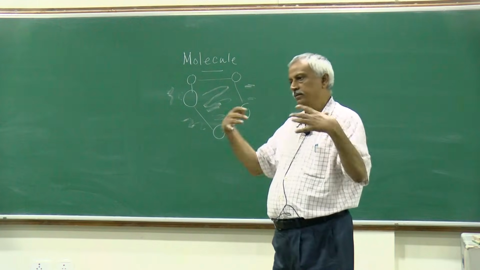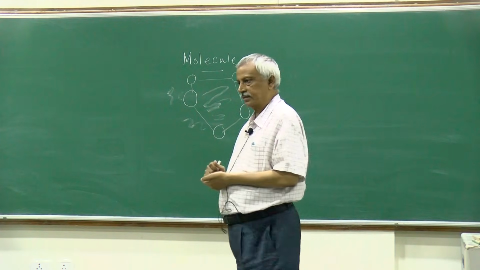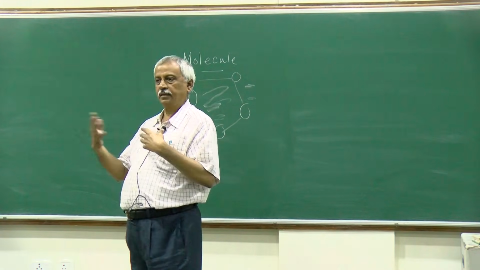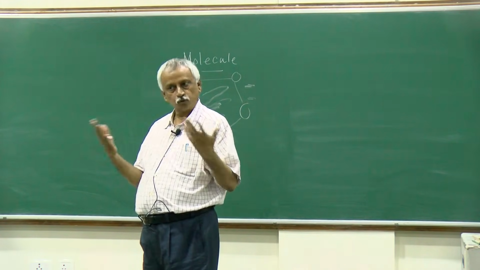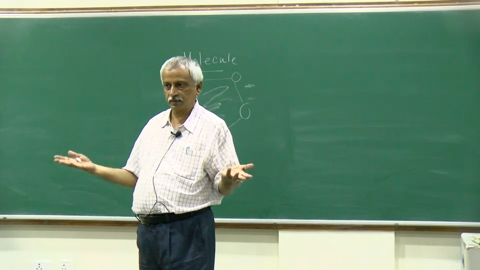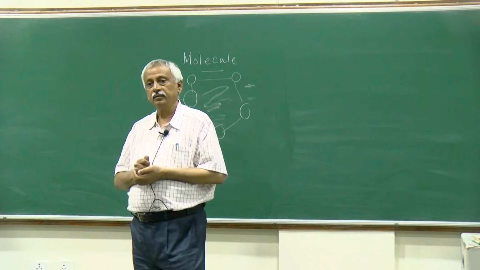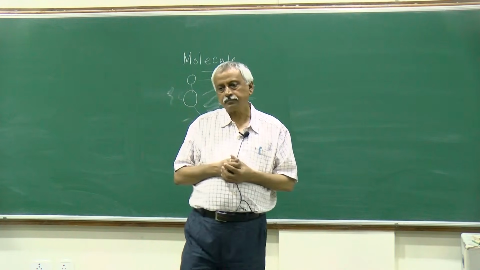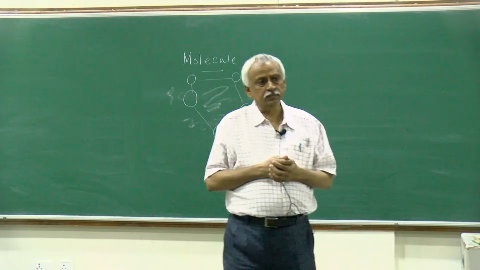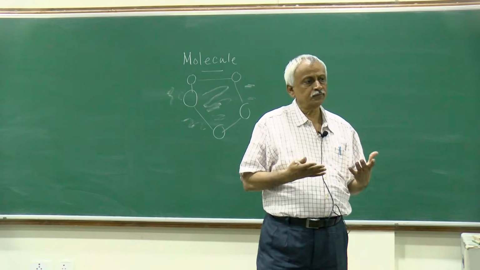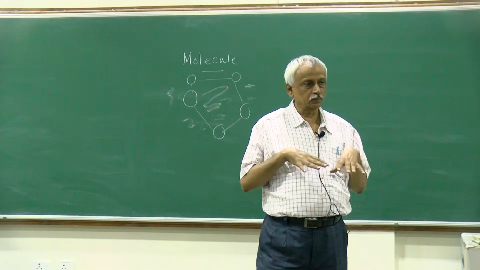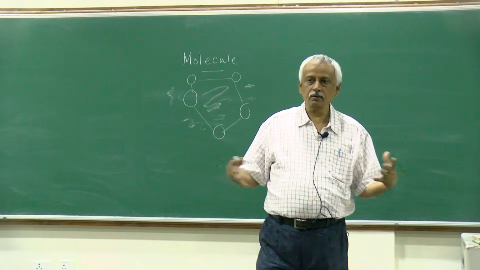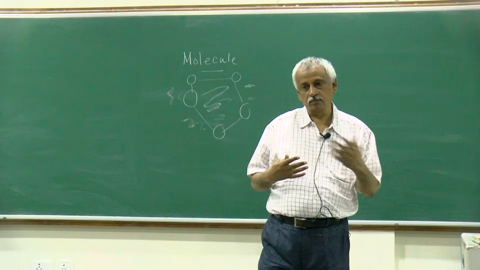Some of them are heavier, some of them are lighter, and they are undergoing their typical motions. They are moving, they have their own kinetic energy, and they are under the action of some potential generated due to their own Coulomb repulsion and also electron nuclear attraction.